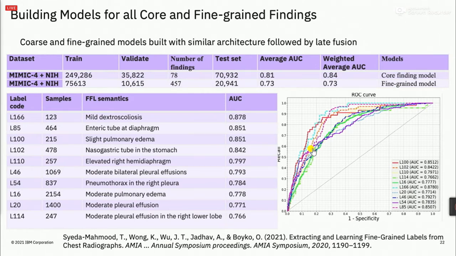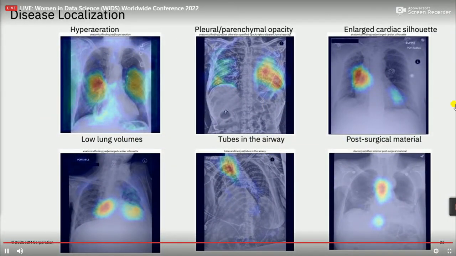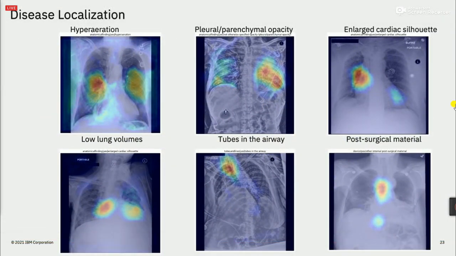That's actually a label, so it should be relatively easy now to put forward a sentence that describes it pretty close to that. The system is also able to detect fairly accurately where these volumes were. So you can see low lung volumes, hyperaeration. Many of them are located correctly as well.